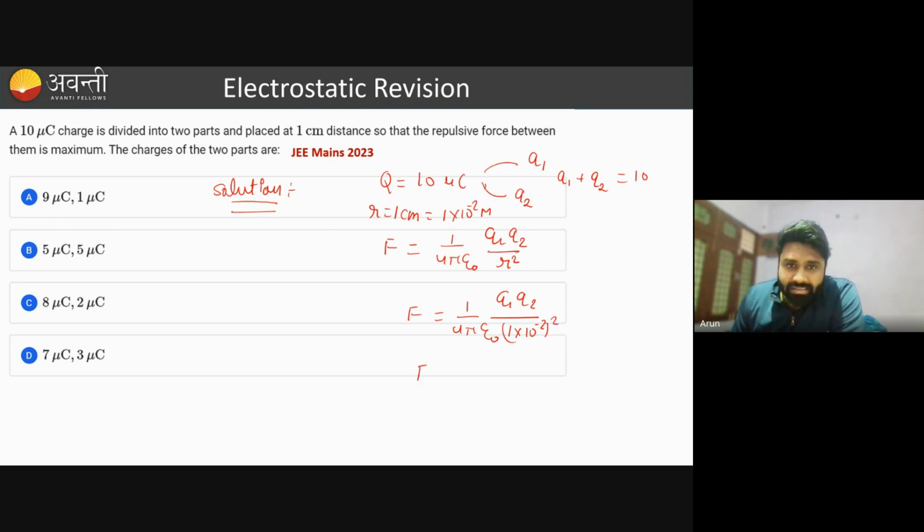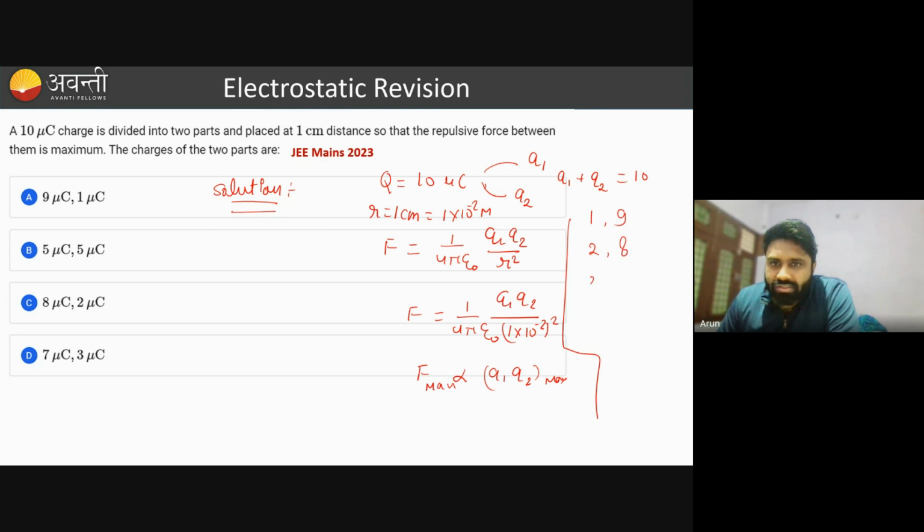You will see this force is directly proportional to Q1 Q2. So for this force to be maximum, this product should be maximum. We know that the summation of these charges is 10 microcoulomb. The charges can be 1 and 9, 2 and 8, 3 and 7, 4 and 6, 5 and 5.